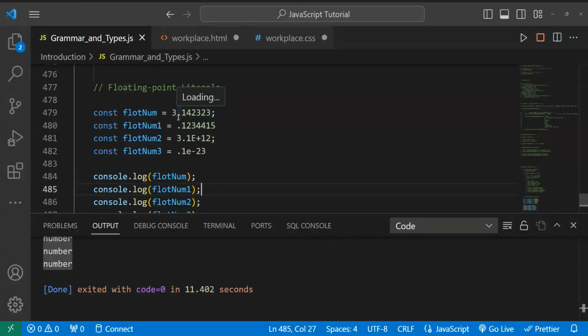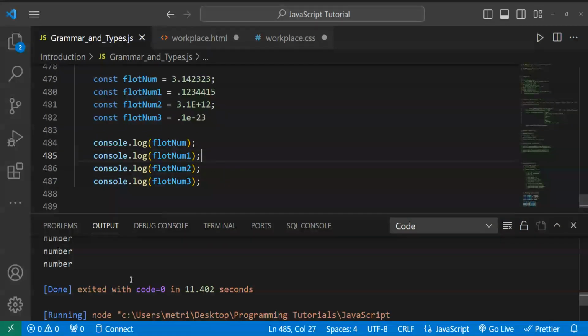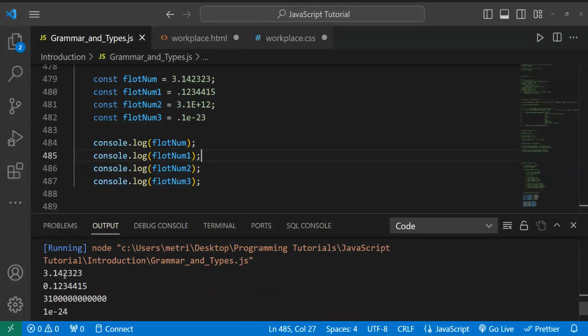As you see, this is a floating point number, this is an exponential number, and the first one is 3.14, etc. This is the pi number. The second one is with the dot. As you see, the dot is representing a prefix zero, like 0 point, etc. And the third one is exponential.